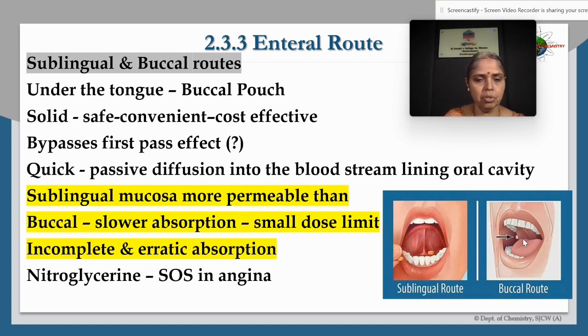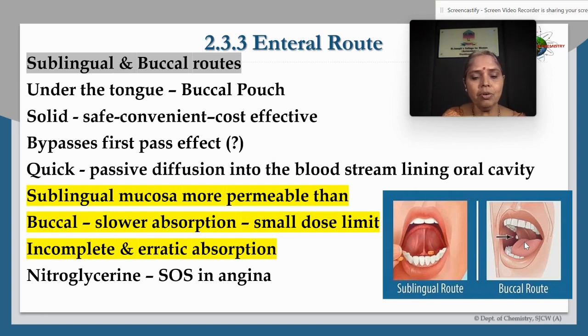It is safe, convenient, and cost effective, but whether it bypasses the first pass effect depends on whether you have swallowed a portion of the medicine, or simply left it in your mouth to permeate into the blood capillaries lining the mouth.